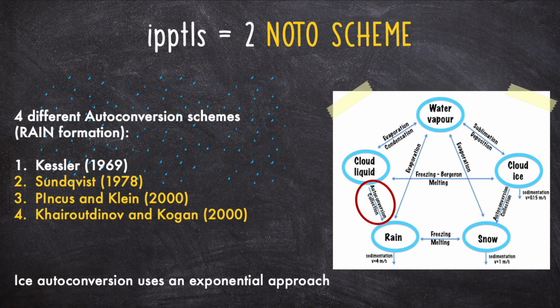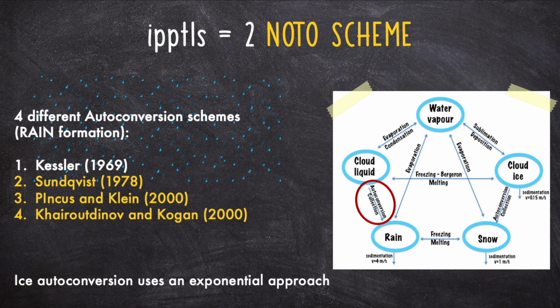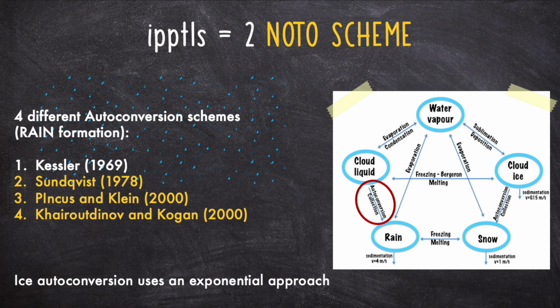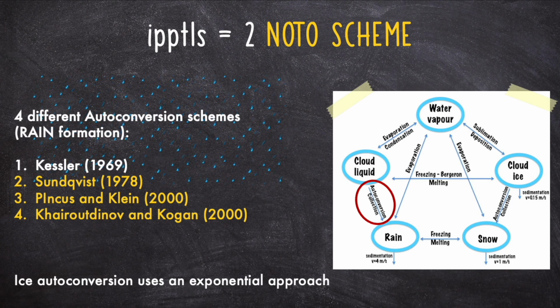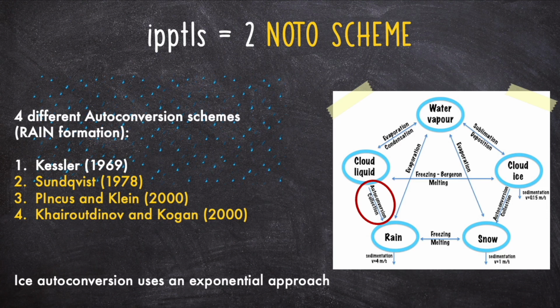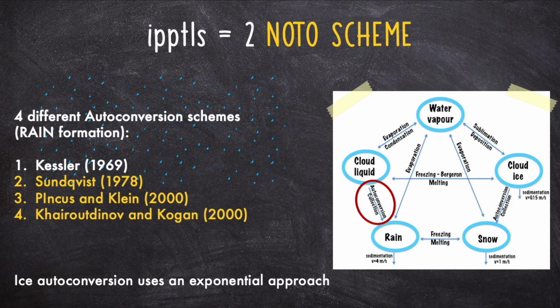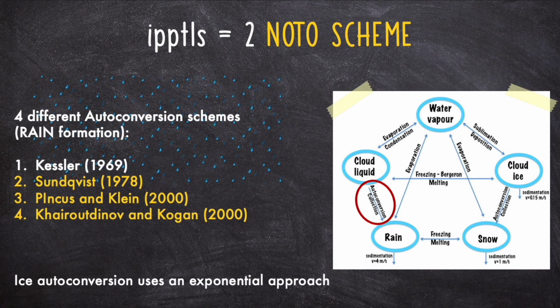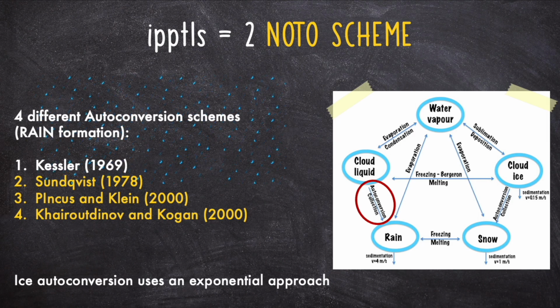For cloud liquid water content greater than this critical value, the autoconversion rate is linearly related to the liquid, while for values below, no autoconversion occurs, of course. The other 3 schemes use an alternative approach without discontinuities, as they include a smoother threshold function. And also for the ice autoconversion, the scheme uses an exponential approach by Sundqvist 1989 with a specific coefficient for ice particles depending on temperature.